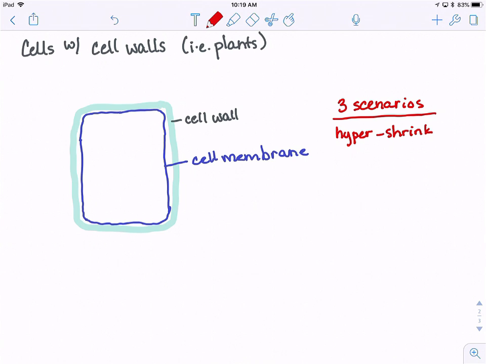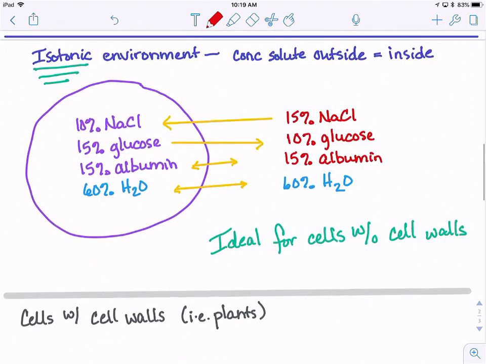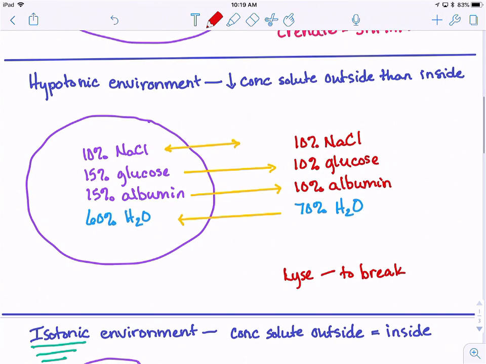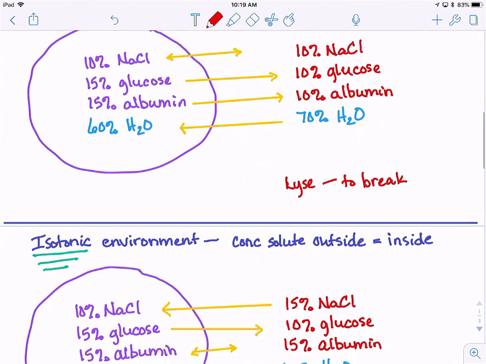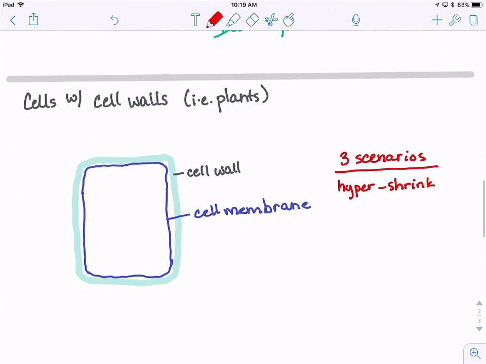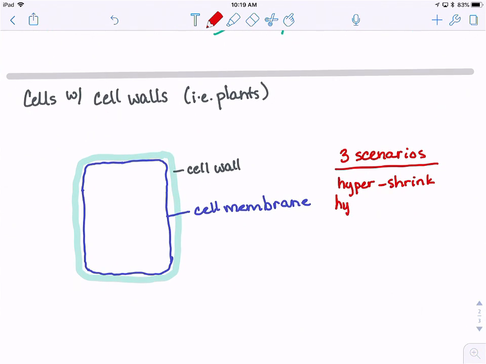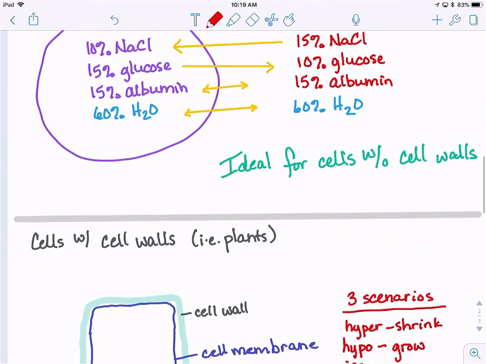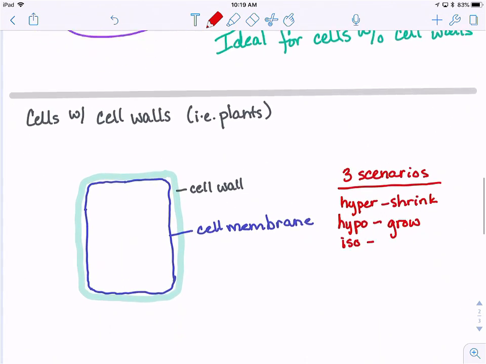In a hypotonic environment, the cell grew or possibly lysed. Lysing is not going to be such an issue because of that cell wall. It's not going to allow it to break, but it can grow. And in our last scenario, isotonic, it just stayed the same. Nothing changed.